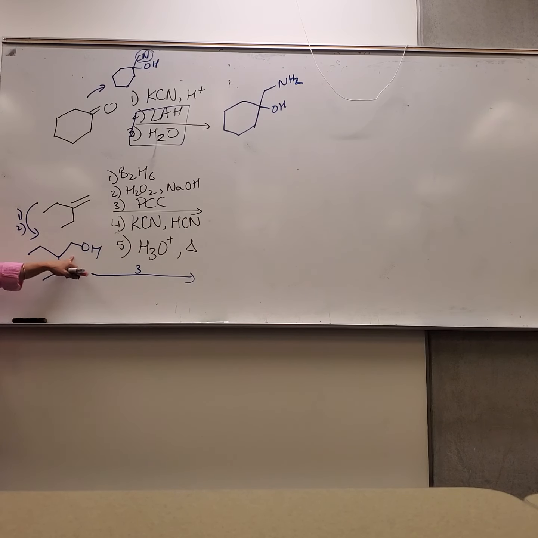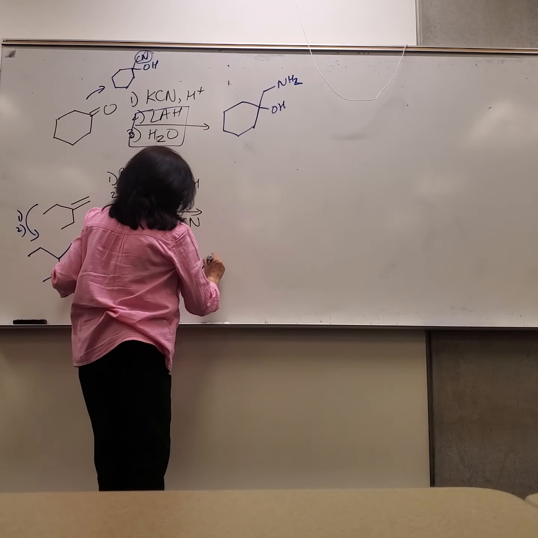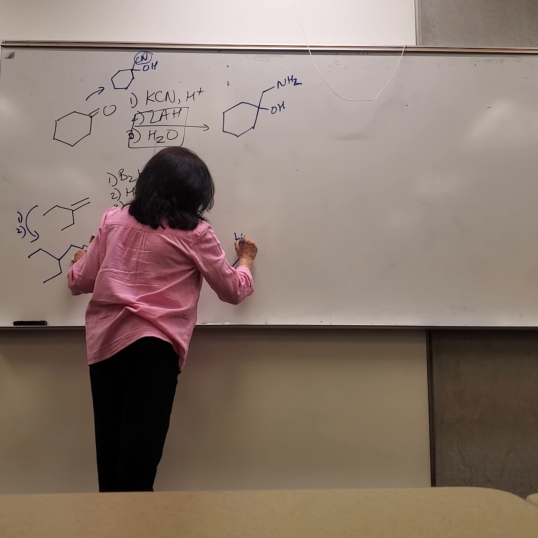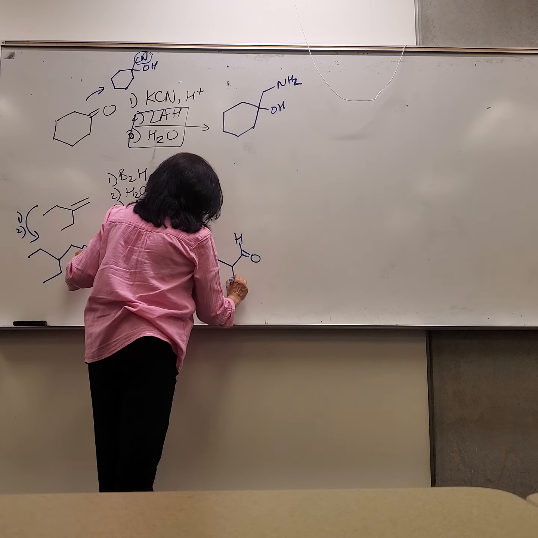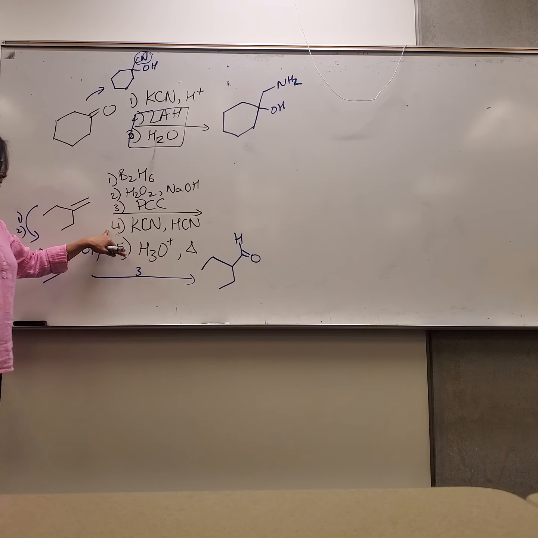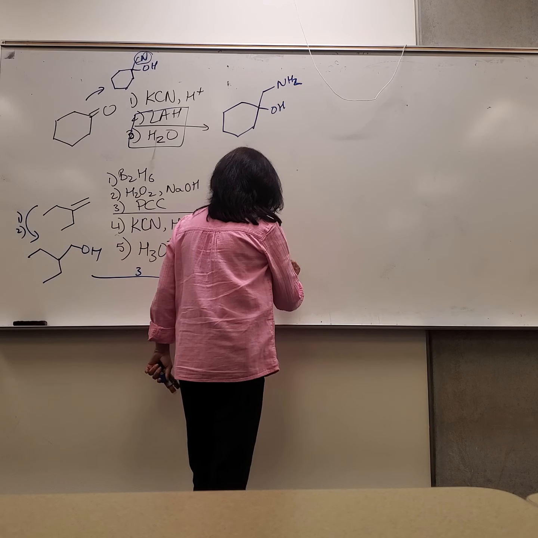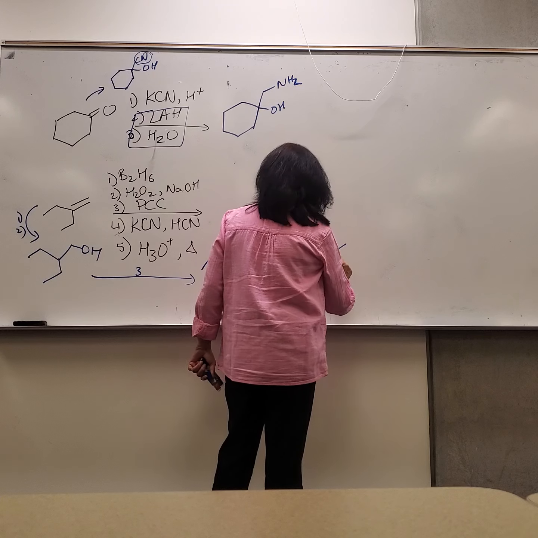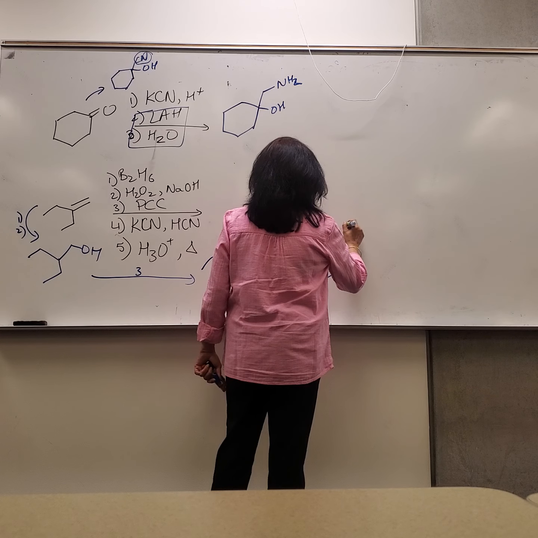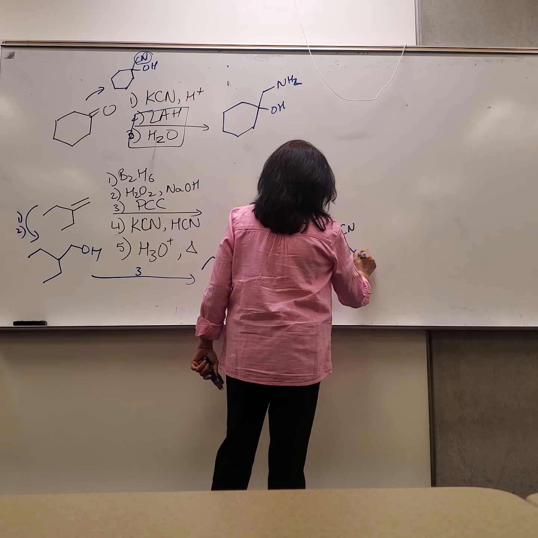Oh, it's an aldehyde. Aldehyde, exactly. Secondary alcohols will become ketones, but yep, aldehyde. Okay, step 4, it becomes a cyanohydrin.